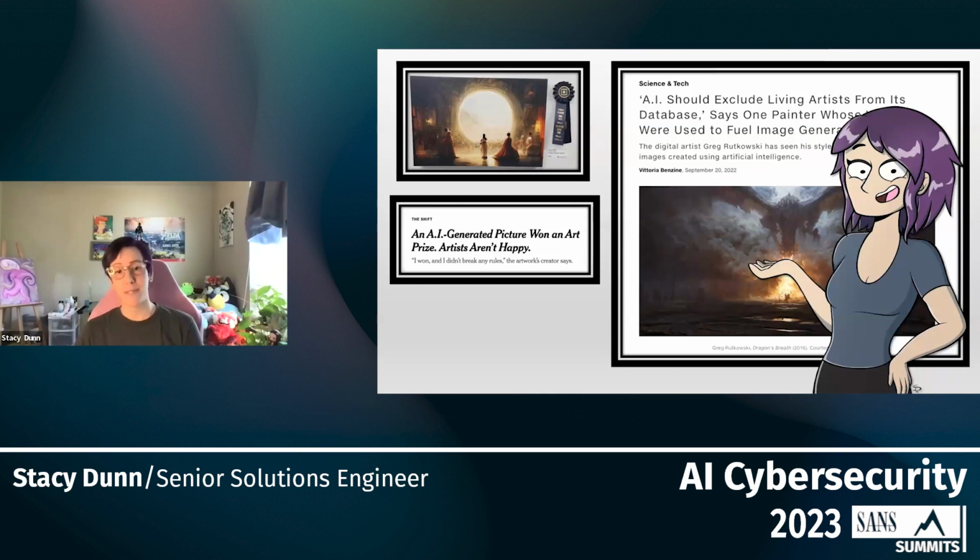And according to a website called Lexica, which tracks over 10 million images and prompts generated by Stable Diffusion, Rutkowski's name has been used as a prompt over 93,000 times. Now you might be thinking, across the world, that's not that much really. There's billions of people on this planet. But for reference, let's take a moment.